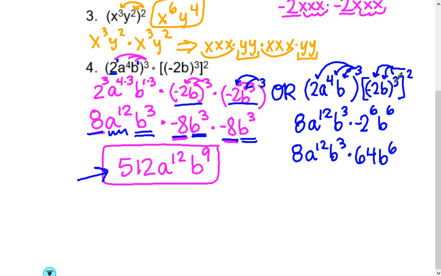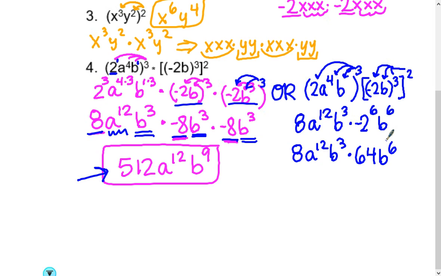But basically what we do is multiply these two exponents together, 3 times 2, and then distribute that 6 to everybody. You saw the breakdown over here, but this would become, we multiply these two numbers, so it's -2 to the 6th power, and then b to the 3rd power to the 2nd power, so we multiply those, and that gets us b to the 6th power.